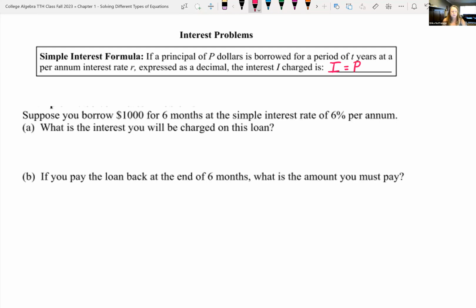This is our P, the principal, times R, which is the interest rate in decimal form, times T, which is our time in years.